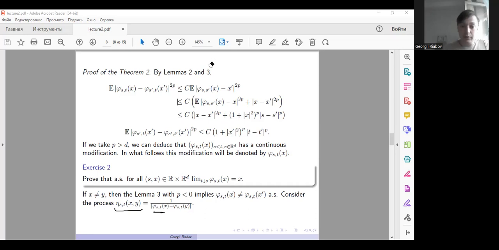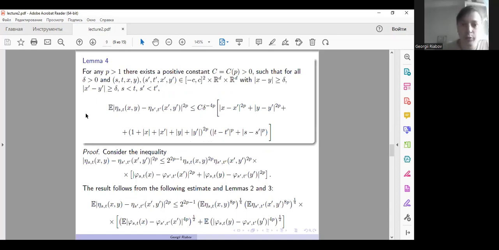We already know the method of proving this. We will prove again some estimate of the increment of eta in the power 2p. Now eta is indexed by s, t, x, and y, so it is indexed by an argument of dimension 2d plus 2.